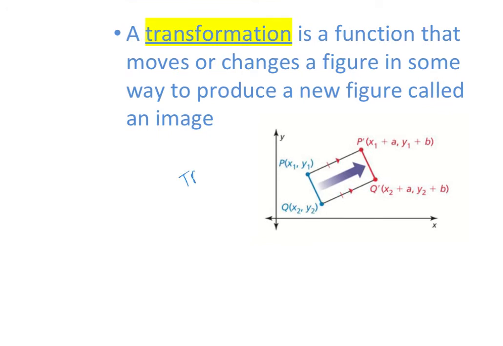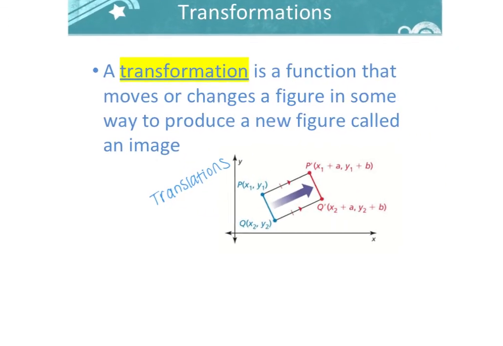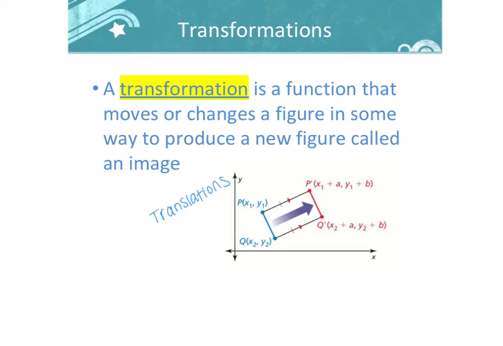So transformation is like this general term just saying we're moving figures around, we're changing their images, we're producing a new figure, okay? And translation is just when you're moving an image from one place to another.